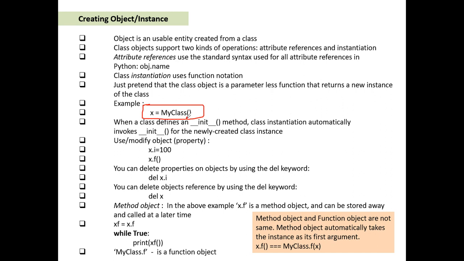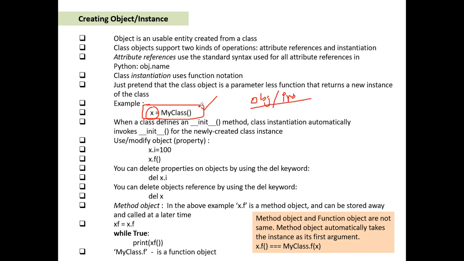Use the class name just like a method name. This is the way you create an object. So what is the object here? X is your object. An object and an instance are the same; both refer to the same thing.